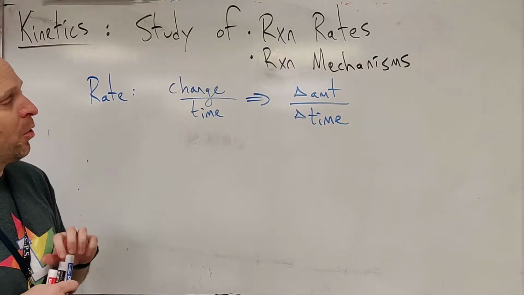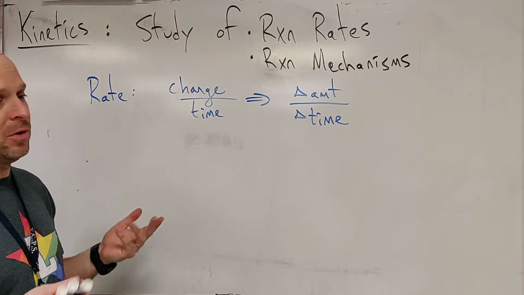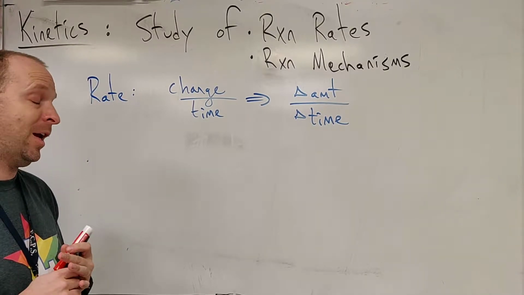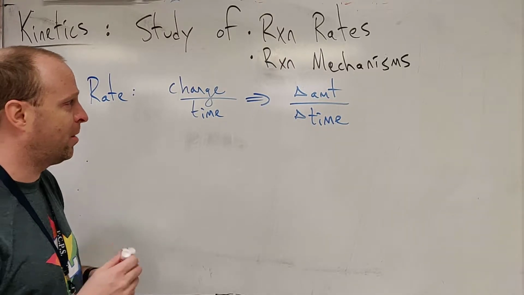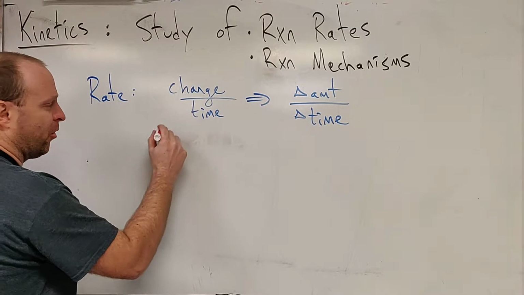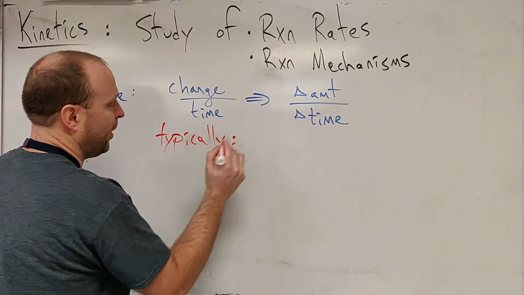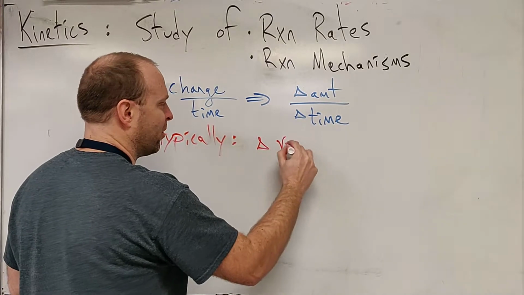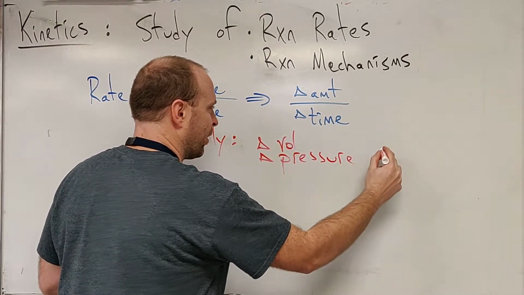But if we're looking at chemical reactions, we can't see the particles most often, but we can see the behavior, or the physical or even chemical characteristics of a group of particles. So typical things we might measure: a change in volume, or a change in pressure for a gas.